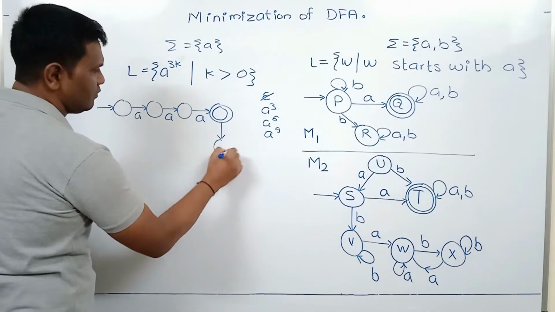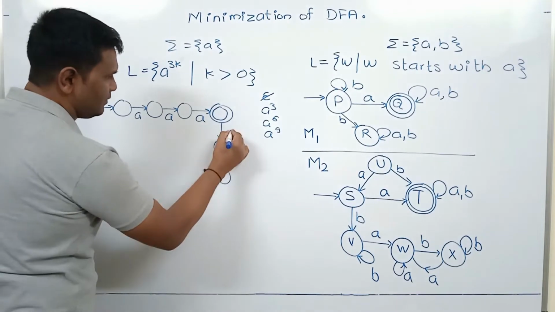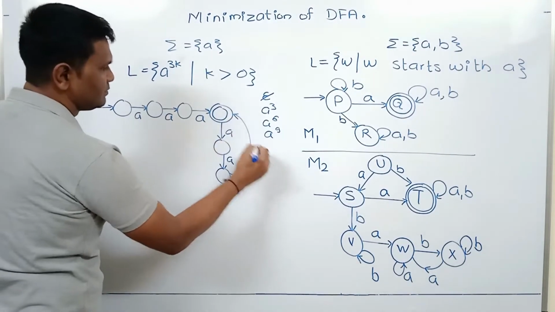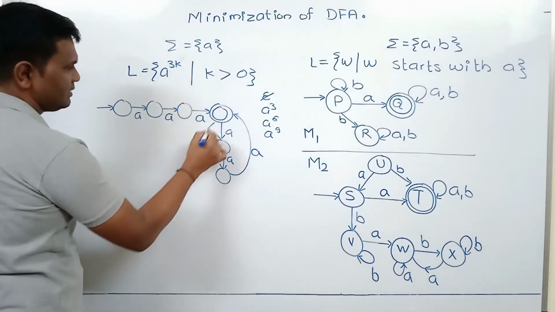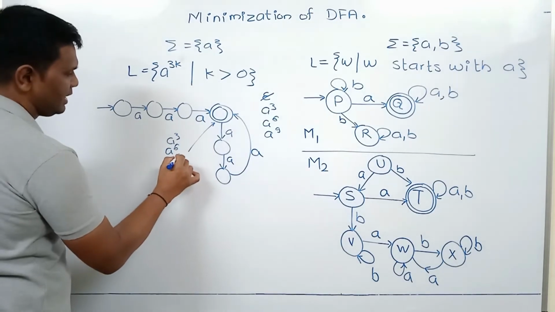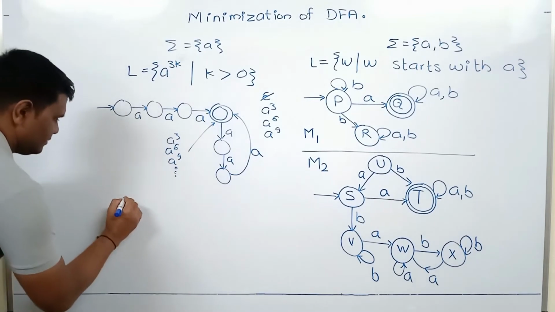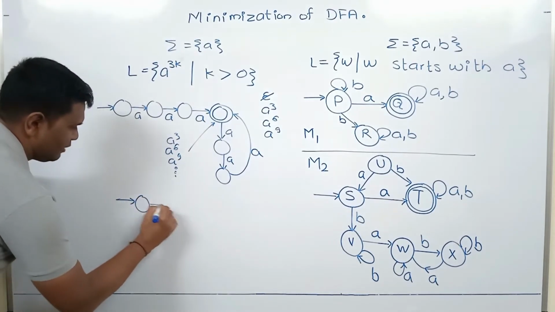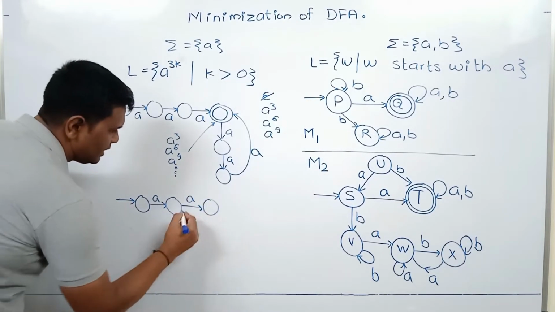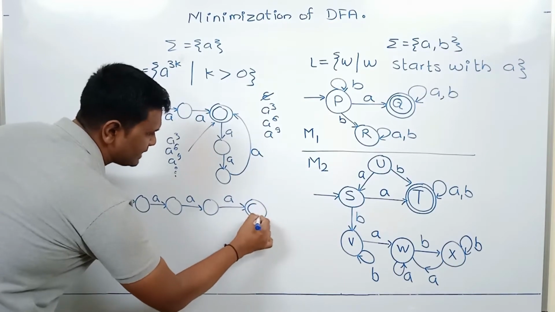Now we go to A power 4, then A power 5, and now we take a loop for A power 6. So in this state, strings like A power 3, A power 6 and A power 9 and so on, they are accepted. But someone may think like this, that we go to next state for A, then here A power 2, then A power 3 which we have to accept.